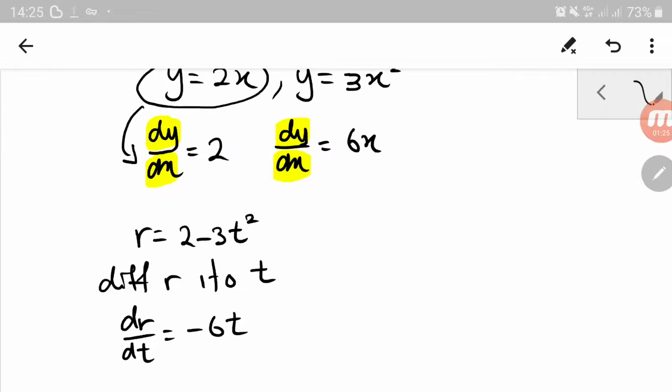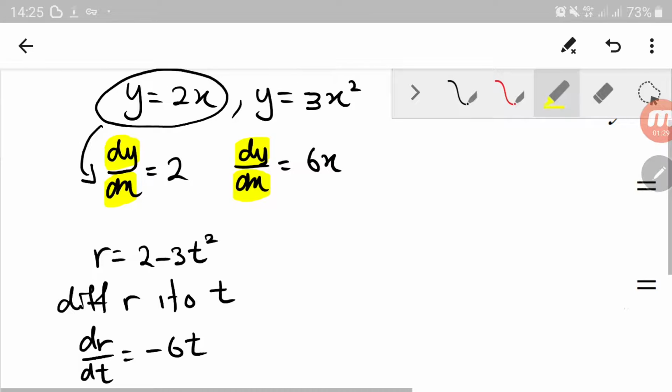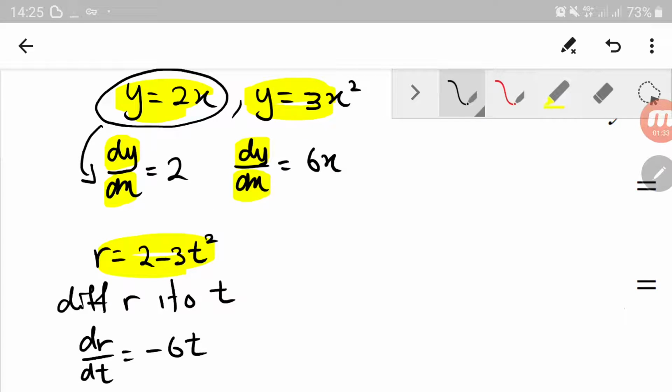Now these three equations are what we call explicit functions.